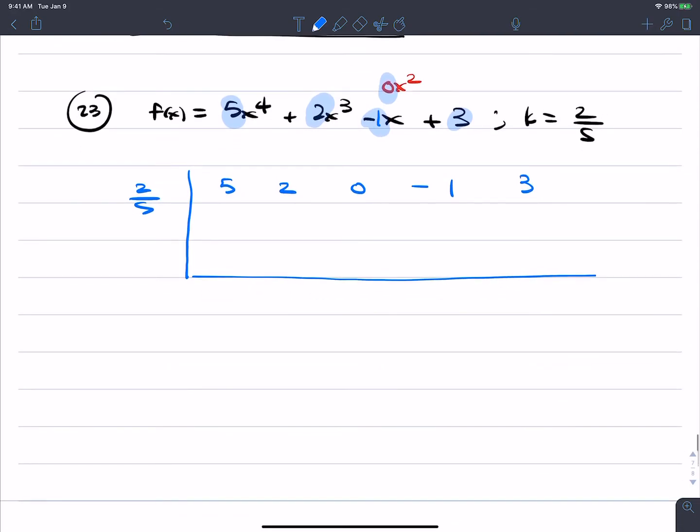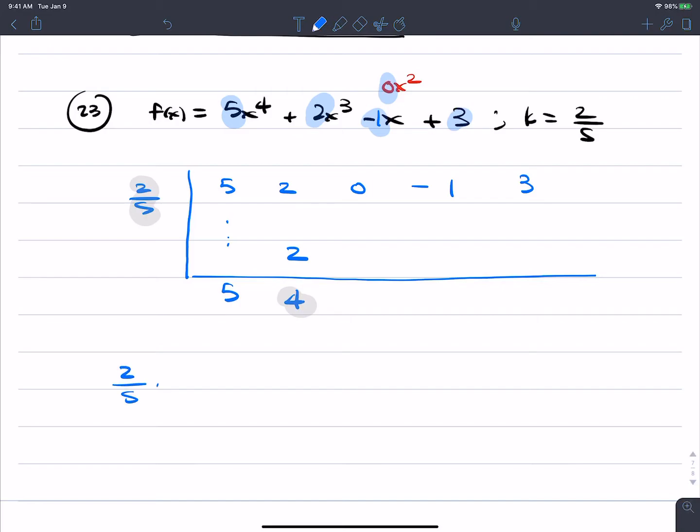So let's perform synthetic division. Bring down the 5. Now, 2/5 times 5 will be 2, because the 5's cancel. 2 plus 2 is 4. Repeat the process. 2/5 times 4.